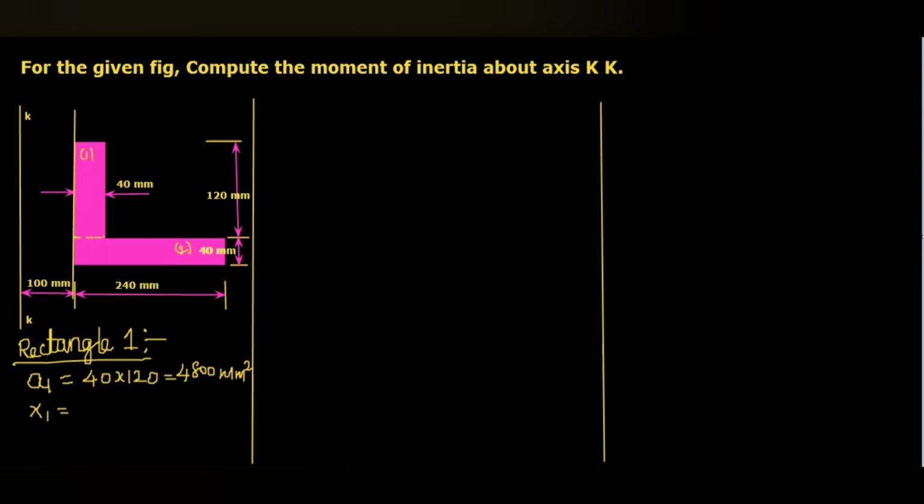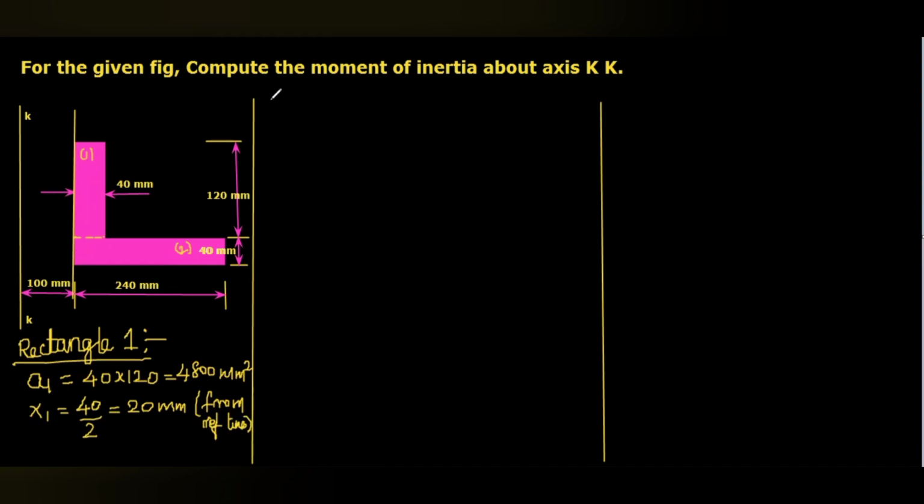From the reference line, here you can see this width is 40. So 40 by 2, this x1, that is from the reference line. So we can write 20 mm, this is from the reference line.